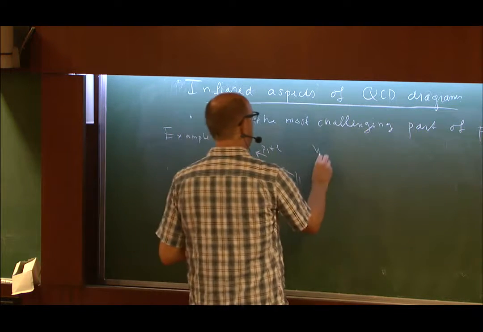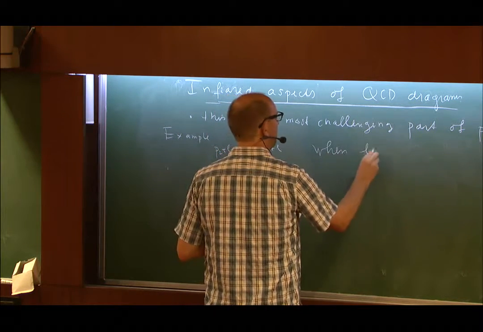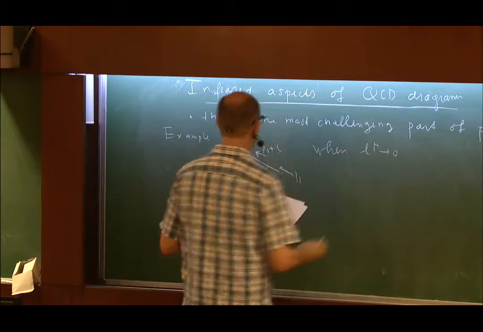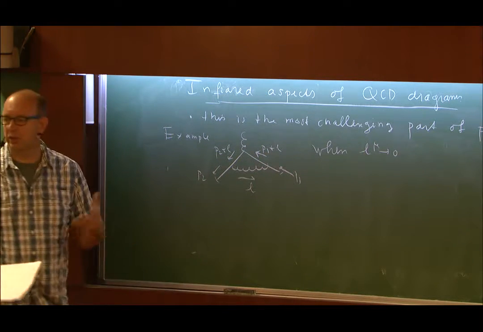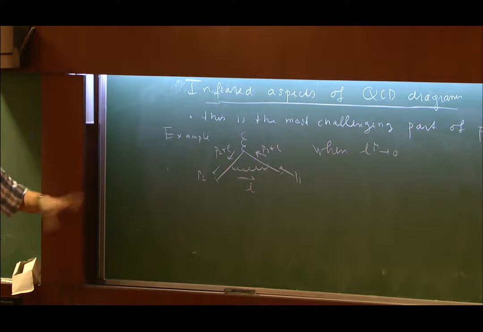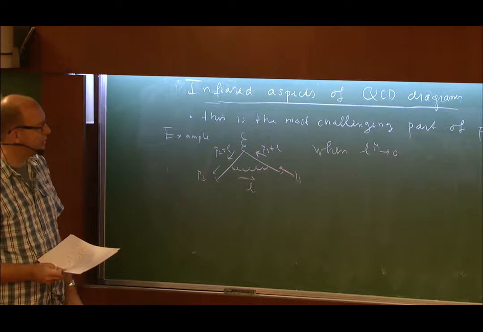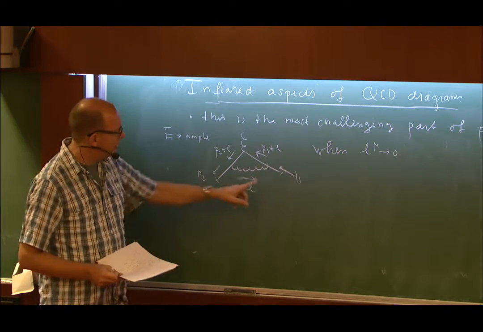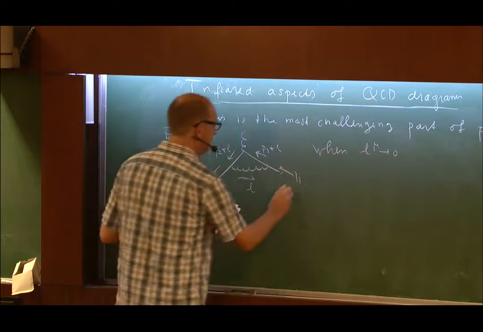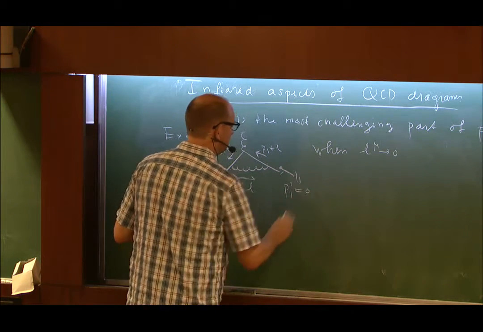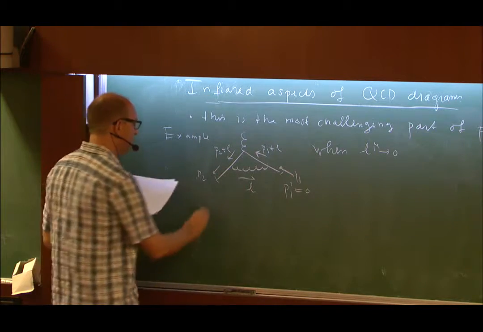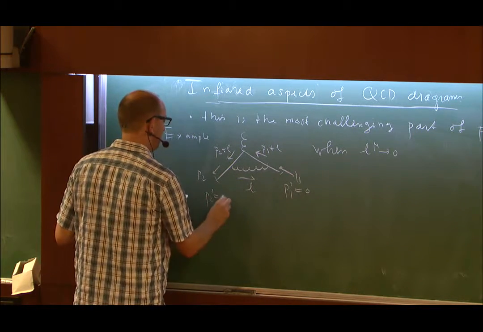So when L mu goes to 0, let's see what happens first, just sketchily, and then we look immediately at a very general case, and that's actually very nice. It's called the derivation of the Landau equations, and it's a beautiful bit of diagrammatic analysis. So we have P1 squared is 0. We'll assume the quarks to be massless, and P2 squared is 0 as well.